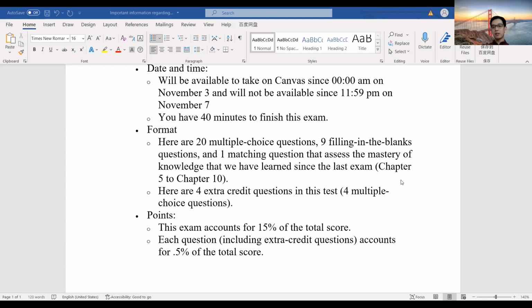Out of the 30 regular questions, 20 are multiple choice questions. There are 9 fill-in-the-blank questions, where you need to type the right answer in the blank. And there is 1 matching question, where you match the right concept with the right option.